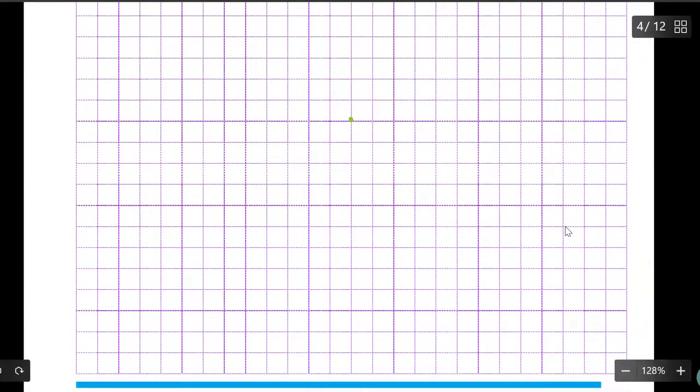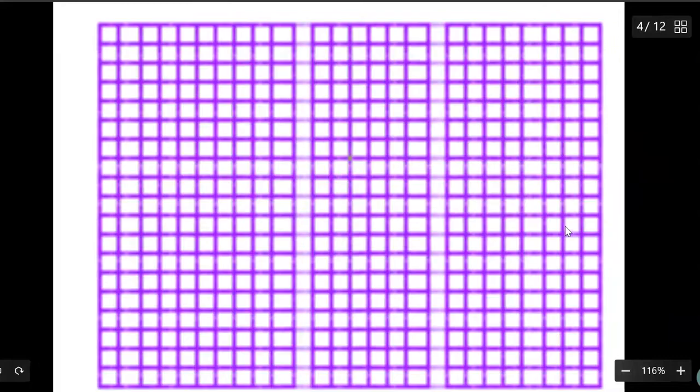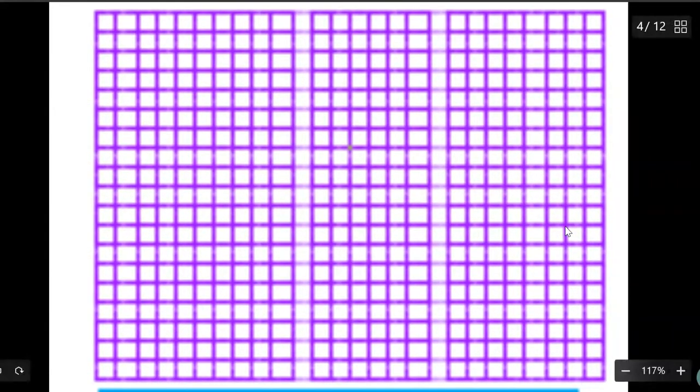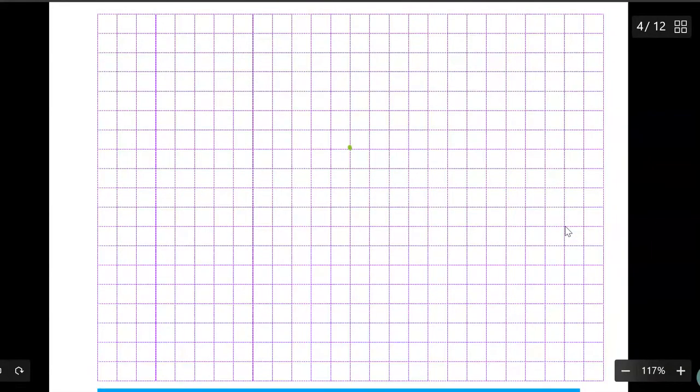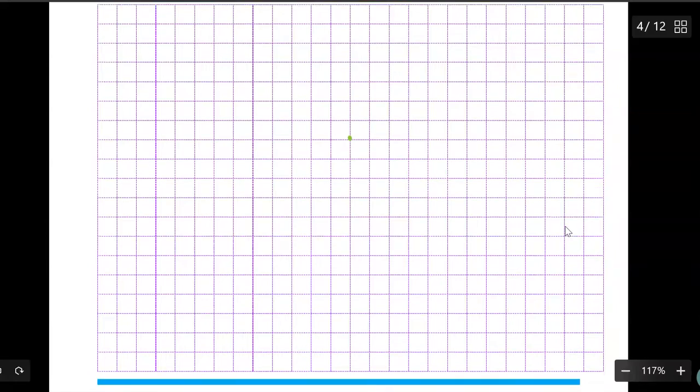I have some graph paper here, and I would like to show everyone how I sketch the y and the x-axis. I will sketch the y and the x-axis, and then I divide up the scale.